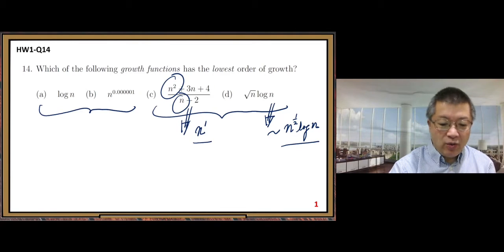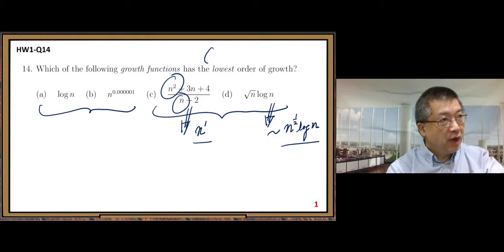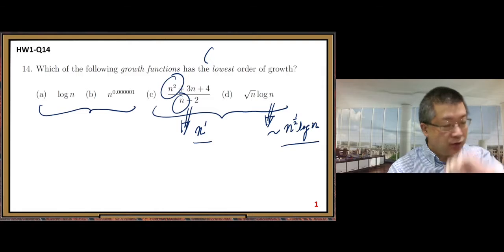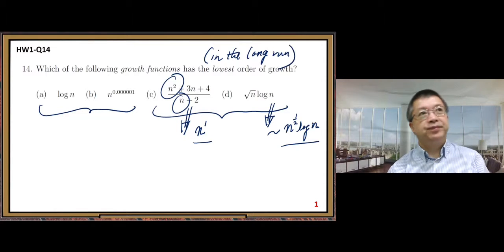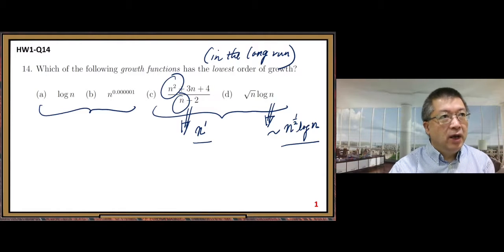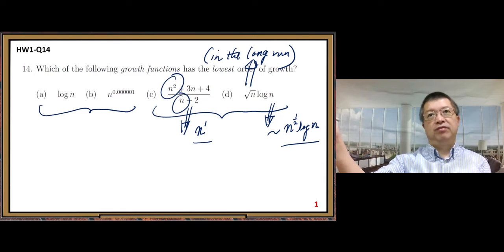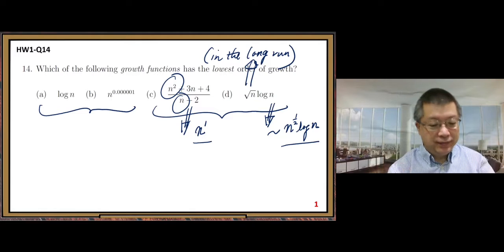Although I didn't say in the long run here, when you consider a question like this, you should think about the long run, because that's the essence of asymptotic notation. In asymptotic notation, we only consider the cases where n is very large.